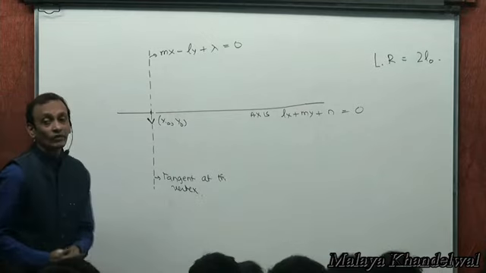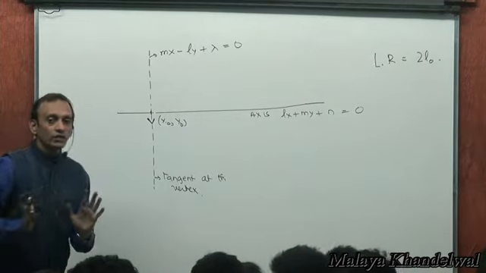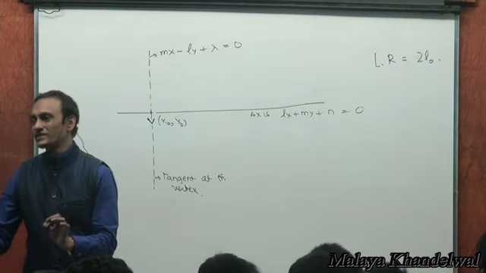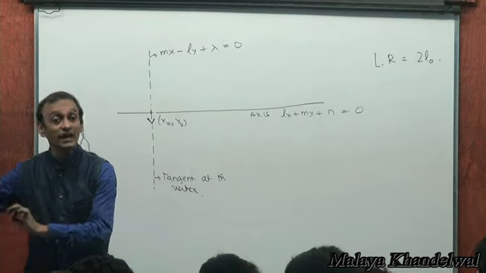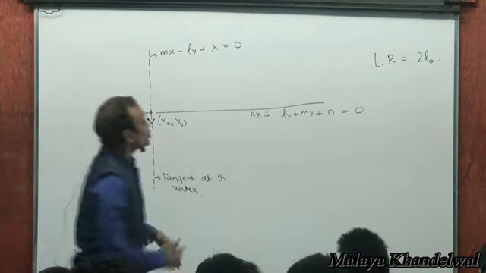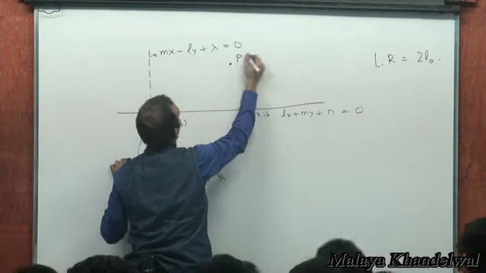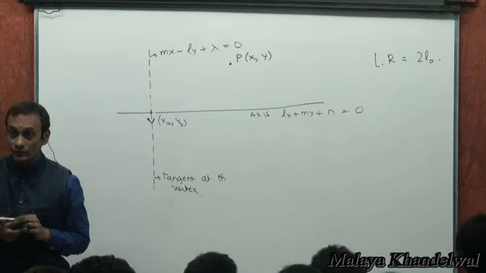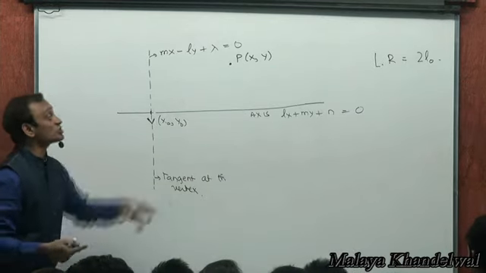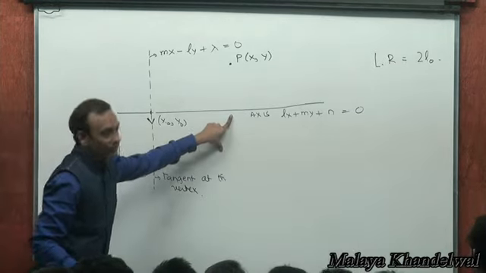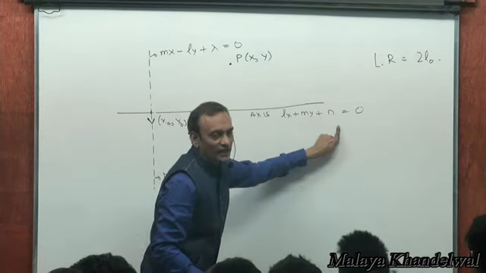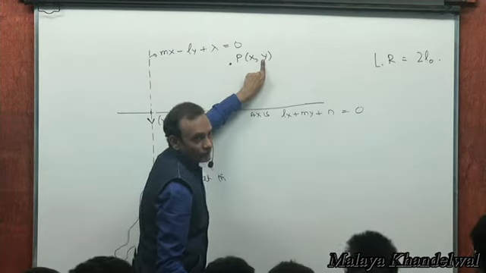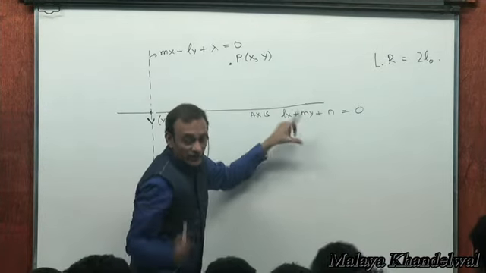Right? Now, let me apply that condition. Square of the distance from the axis equals latus rectum into its distance from the tangent drawn at the vertex. So if P(x, y) be any point on the parabola, then square of its distance from the axis, how do you obtain that? Replace this x by this x, this y by this y, divide by root L squared plus m squared and square the whole thing.